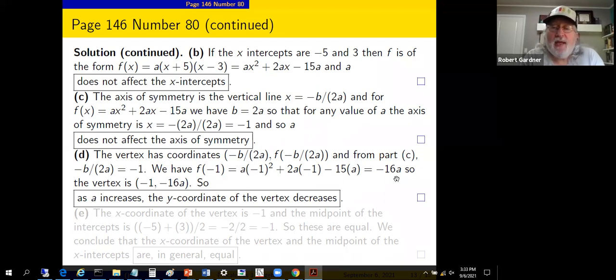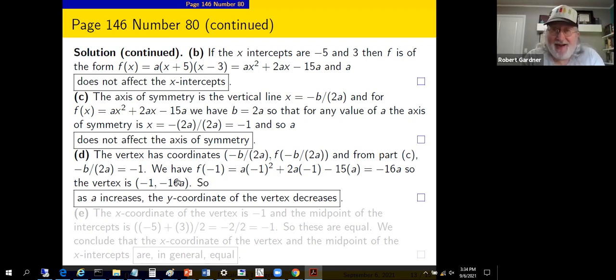Simplifying, that reduces to -16a. Let's see, a minus 2a minus 15a, that'd be minus 17 plus 1, yeah, minus 16a. That's the y coordinate, the function value at the vertex. So the vertex is -1 comma -16a.